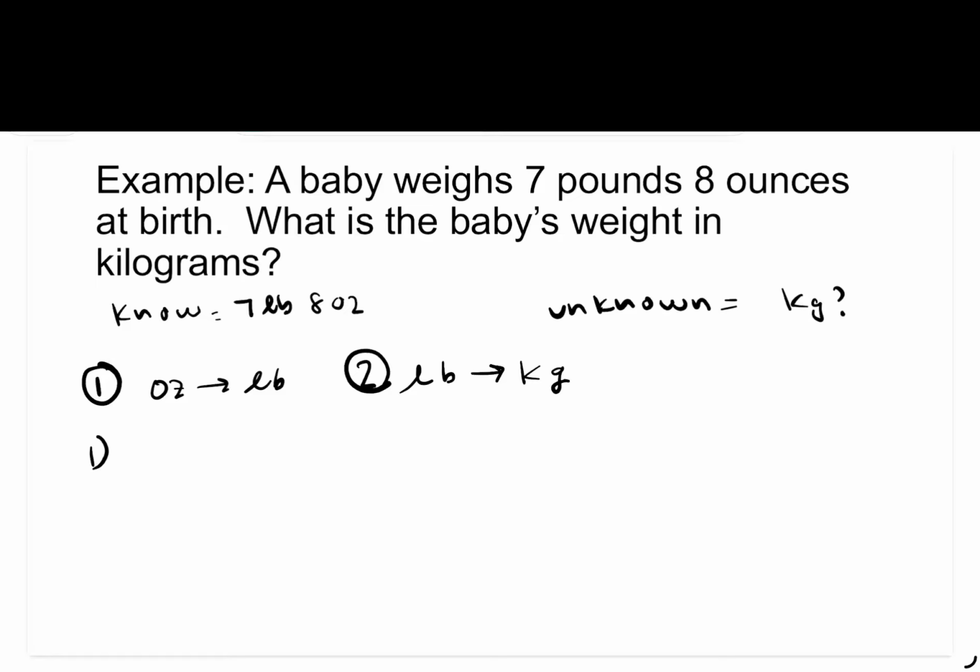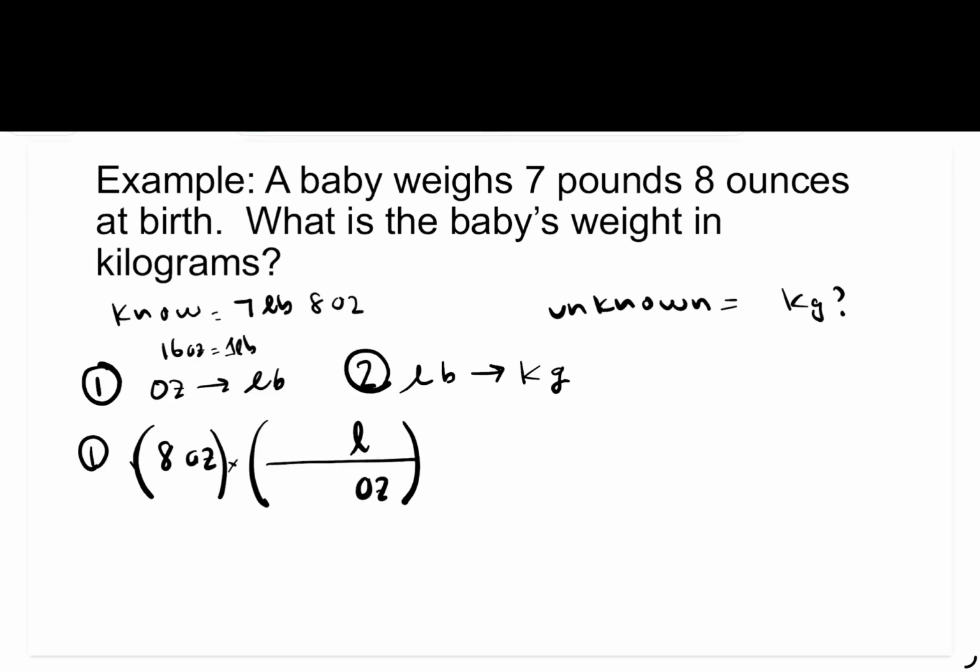So step number 1, I have 8 ounces, and the equivalent statement is that there are 16 ounces in 1 pound. So I'm going to multiply by a conversion factor with ounces on the bottom and pounds on the top. So 16 ounces to 1 pound. Check to make sure the units cancel, the ounces cancel, the pound is left over. The answer is 0.5 pounds.